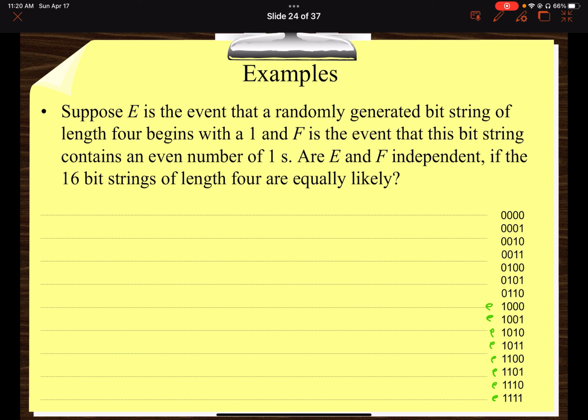Okay, F is the event that this bit string contains an even number of ones. Now, in order from 1 to 16, which ones contain an even number of ones? What do you think, is 0 even or not? 0 is even. So the first outcome to belong to F is basically the first bit string, 0, 0, 0, 0.